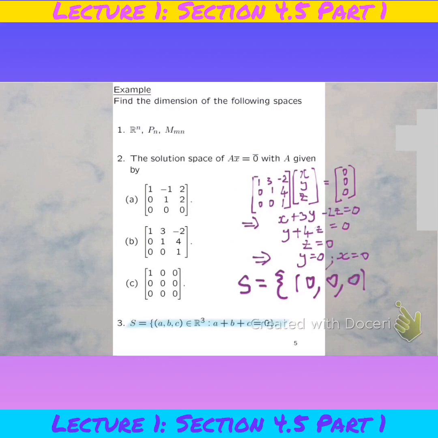Okay, so that's one single vector. So therefore S is the set that contains the 0 vector. And therefore we know any set consisting only of the 0 vector, the dimension of that set, by definition, is 0.